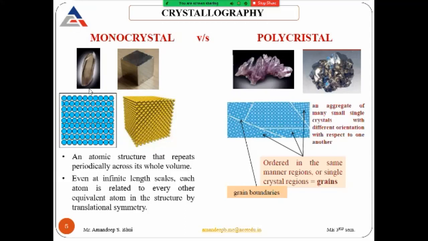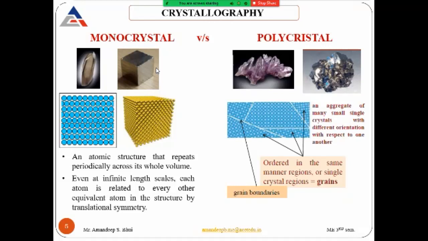So this is the difference from a monocrystal. In a monocrystal, the same grain or the same crystal follows an ordered pattern throughout the volume, and the volume may extend to infinity. It will follow the same grain orientation and size.